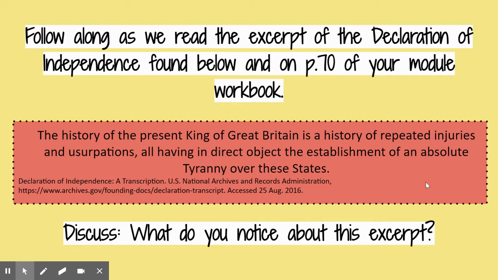So I want you to look at this excerpt from the Declaration of Independence. This is on page 70 of your module workbook. So open to page 70 when you get there. We're going to move on.